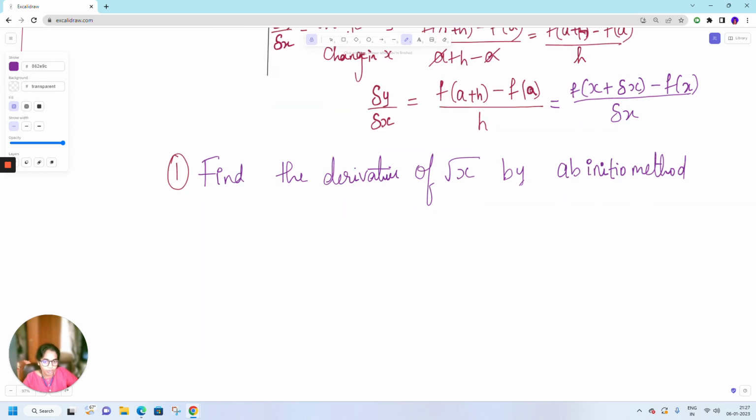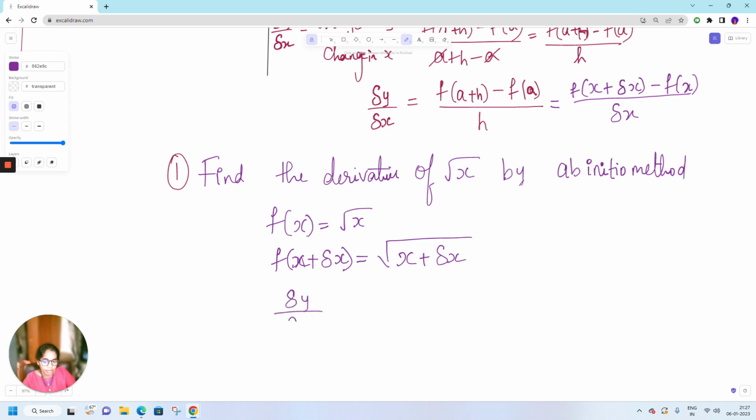Now they have given us f of x. What is f of x? F of x is root x. What is f of x plus del x now? Wherever you have x, replace it with x plus del x. Now what is the formula?